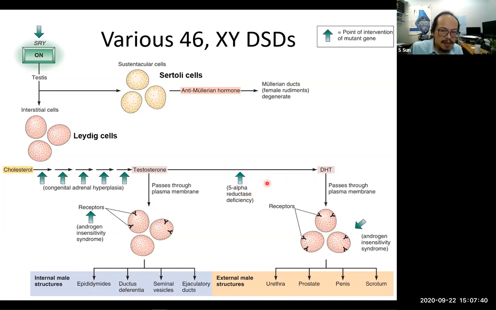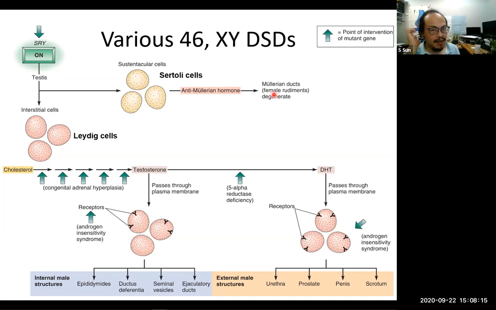We need an enzyme, and to convert to DHT acts on the external portion to develop urethra, prostate gland, penis, and the scrotum. It also stimulated the Sertoli cells to secrete the anti-Mullerian hormone to suppress the development, to cause the Mullerian ducts to be degenerated. So that's the normal process, right?